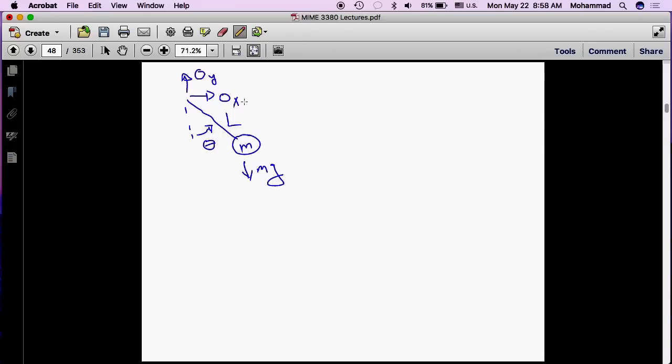So we can show the effect of friction with a moment that is going to be clockwise, and this is going to be B times theta dot.